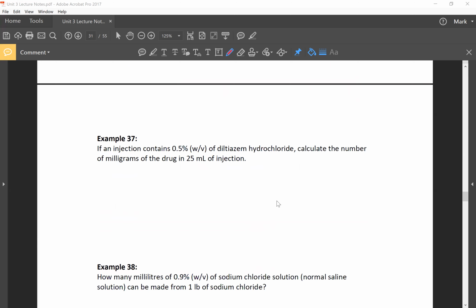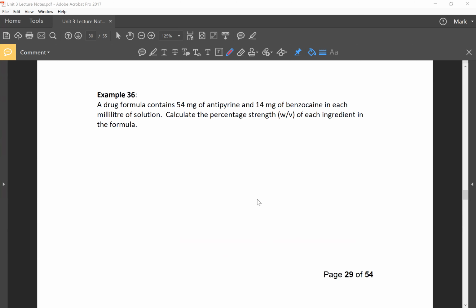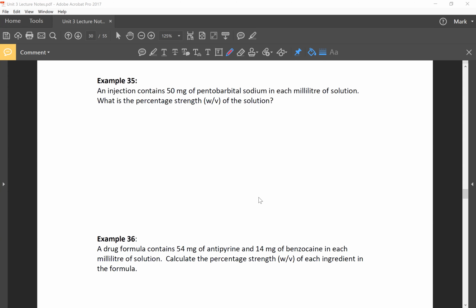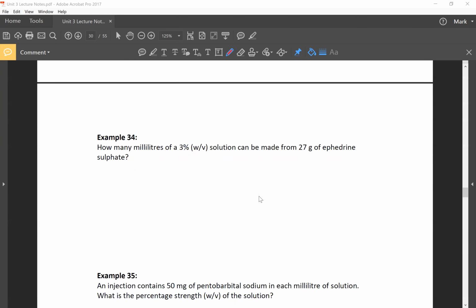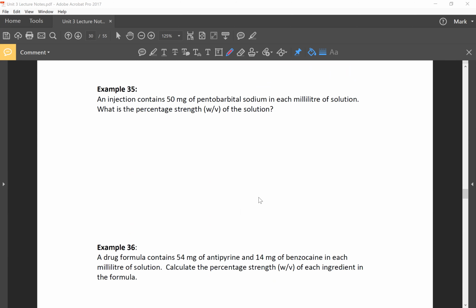Okay, 36 could be good. Okay, let's look at 36 and maybe 37. Actually, a lot of these are pretty good here. Okay. Let's start at 35, actually.